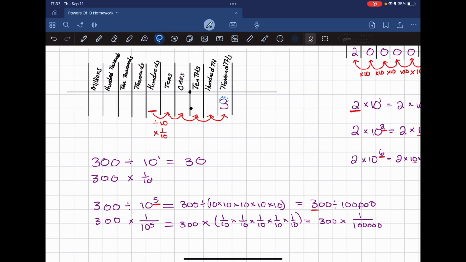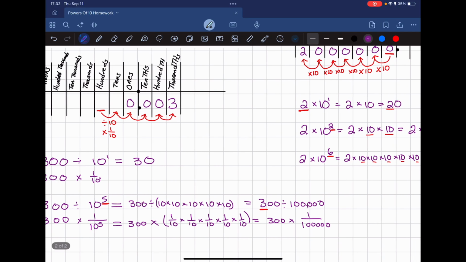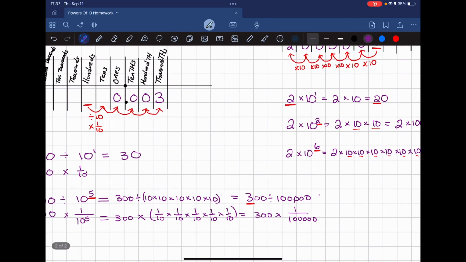But I also need these leading zeros, these place value filling zeros. We need to make sure that all of our places are filled up to our decimal point, and also our ones place has to have a 0 in it as well. So our answer is 0.003 in both scenarios.